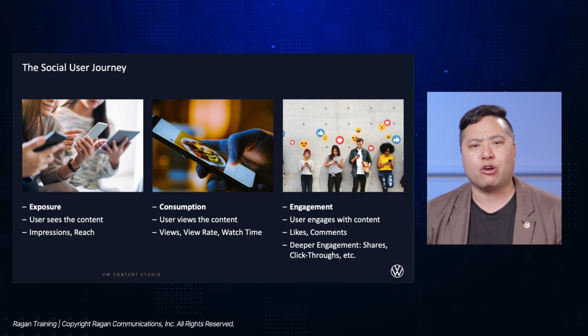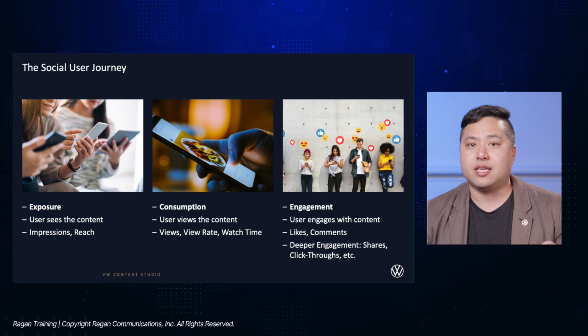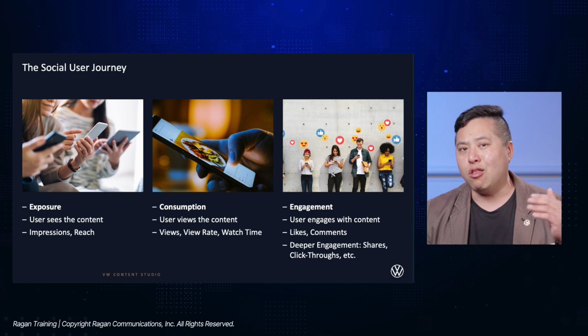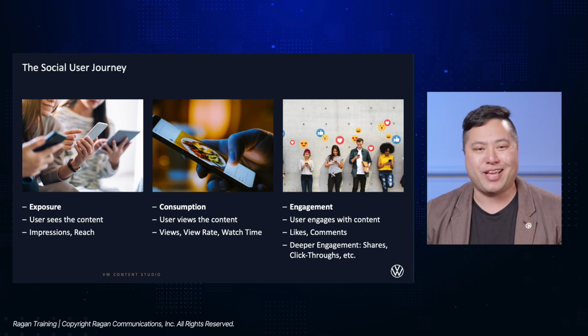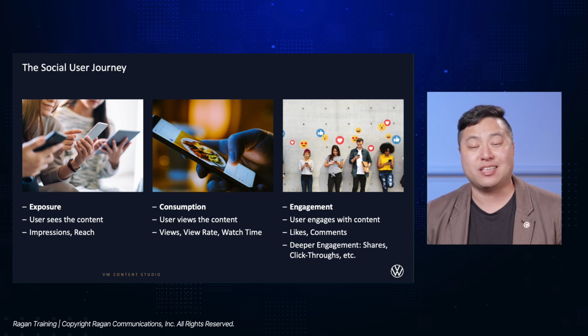So that's where you get all your metrics like likes, comments, shares, follows, etc. Now, what's important when you think about engagement metrics is that based on the level of effort it takes a user to engage, you can start to rank what are the more low-lift measures of engagement, like clicking the like button, or what is a more valuable, higher effort, higher value type of metric, such as leaving a comment, or even thinking of a friend they want to share a post with, clicking that share button and sending it to a friend with a message.